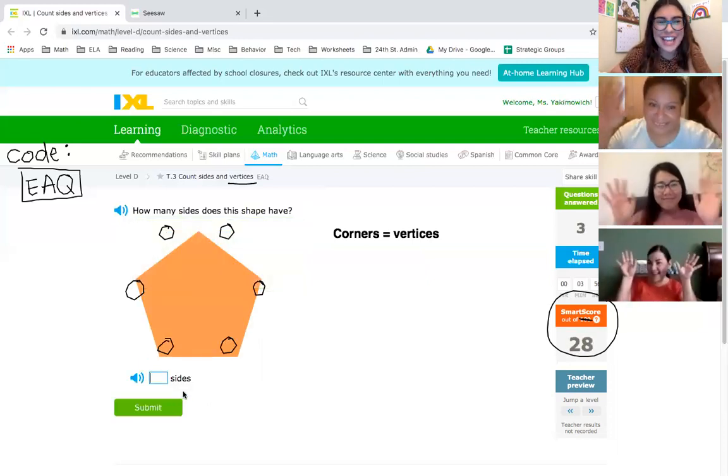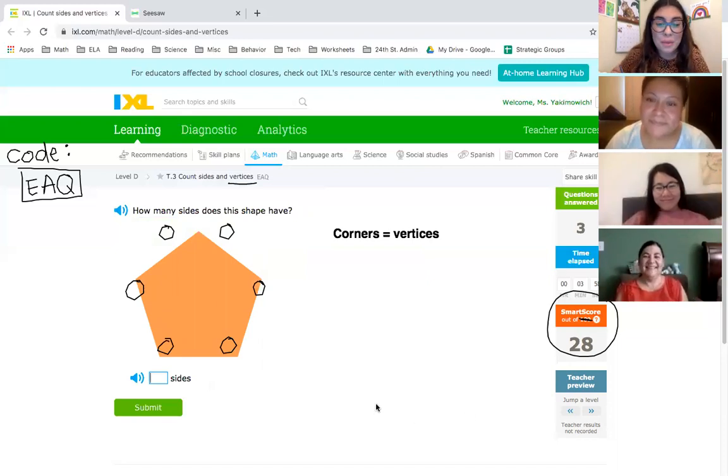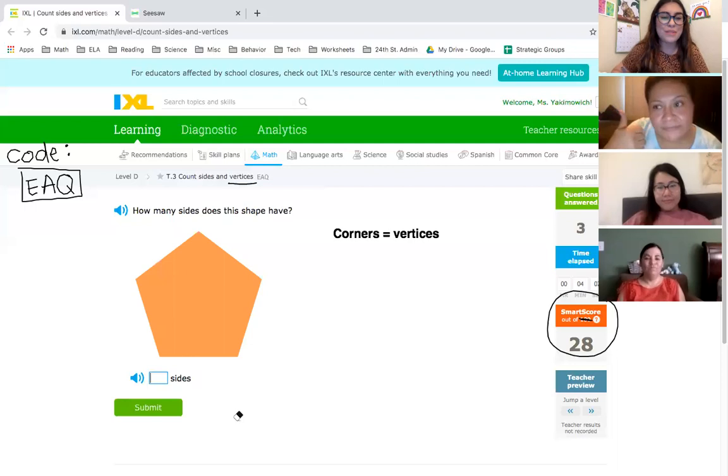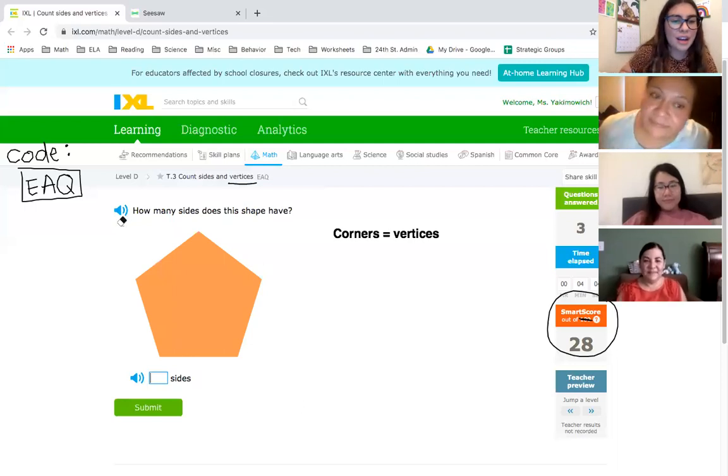Great job, Ms. Hernandez. All right, we're going to do one more together, and then I will let you do the rest on your own. Ms. Rosales, can you help us by reading the directions for this problem here? Sure. It says, how many sides does this shape have? So just like you did on the first one, we're going to go from corner to corner and count the sides.